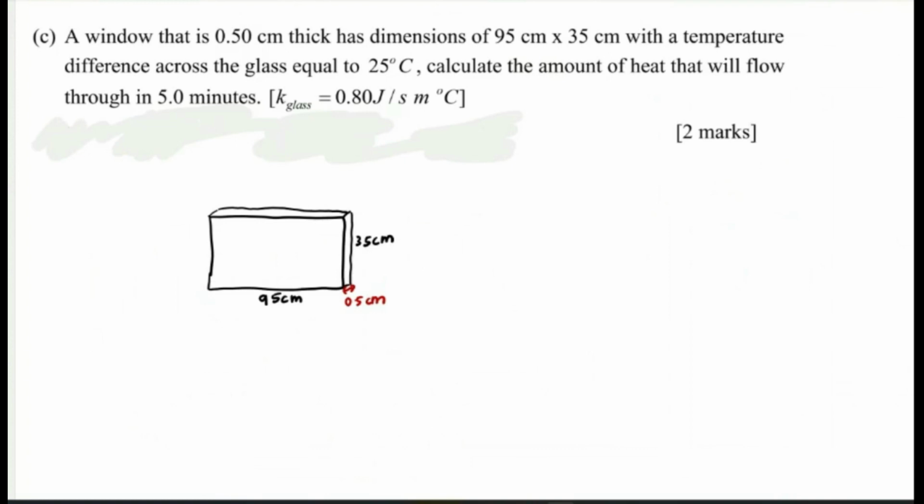So 95 and 35, so we can calculate the area. A kita perlu kira lah nanti. And then given that the temperature difference across the glass. Contohlah ini kat dalam rumah. Okay, this is the outside of the glass of the window. Ini dalam bilik awak lah. So ini dalam, tu luar.